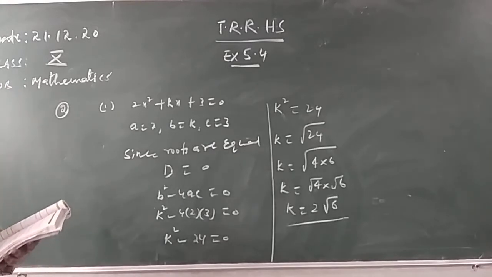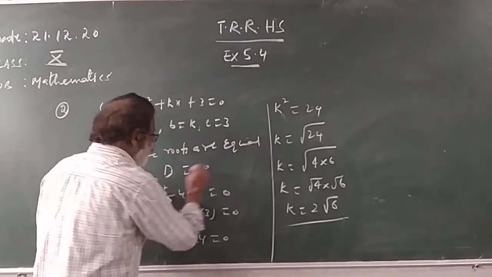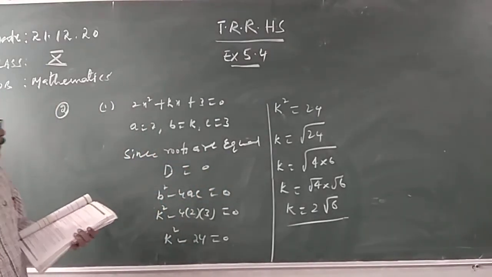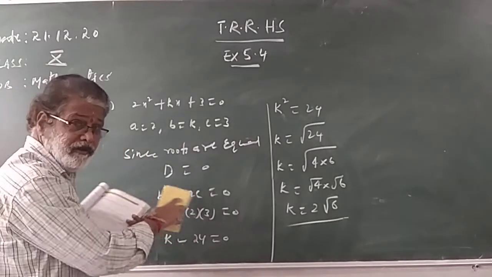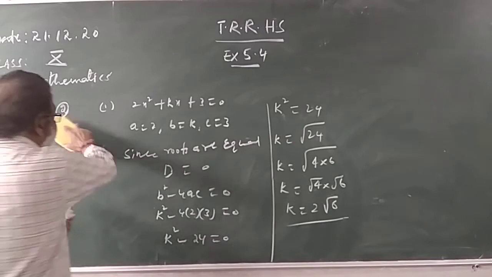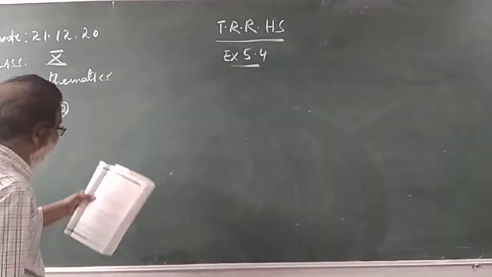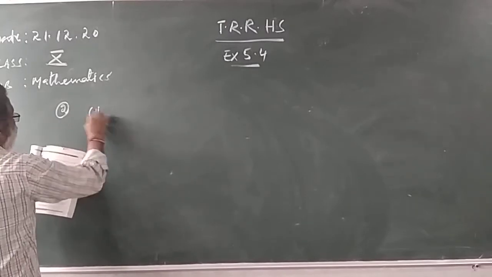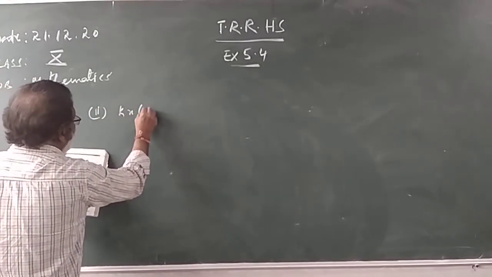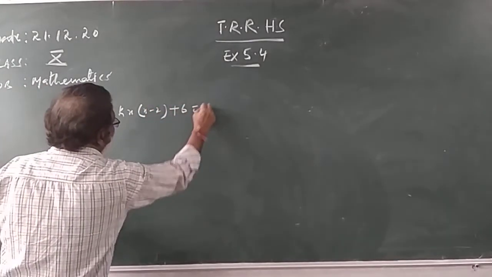Now I go for the next condition given. Roots are equal. When the roots are equal, discriminant equal to 0. I go for the second bit now: kx into (x minus 2) plus 6 equal to 0.